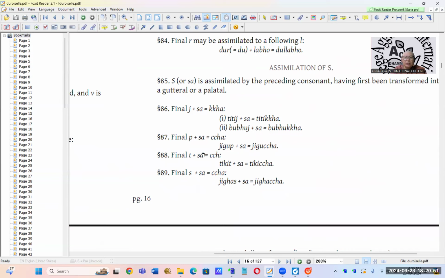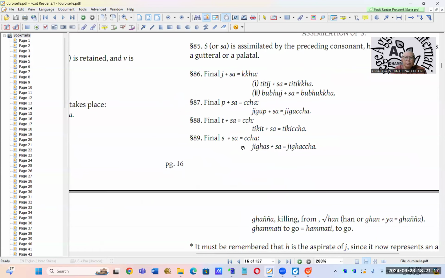P and S change to CCH. So it's always changed to K or C. It's something you might need to remember. Whatever appears before S, J, P, T, it can be either KKH or CC, CCH. That's on page 16.